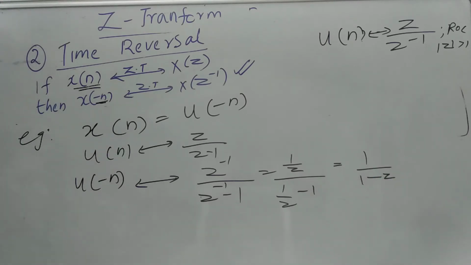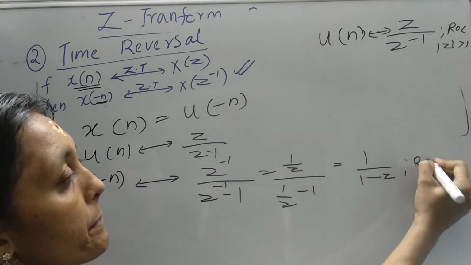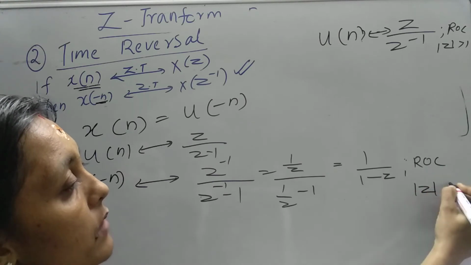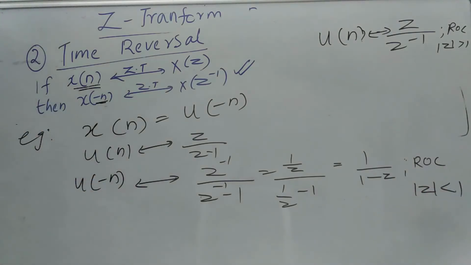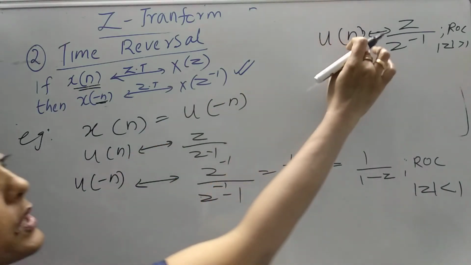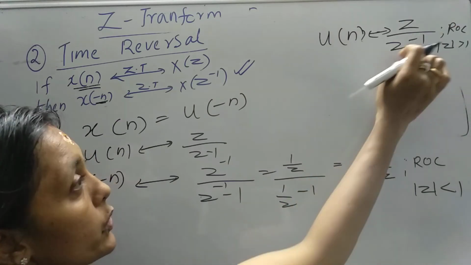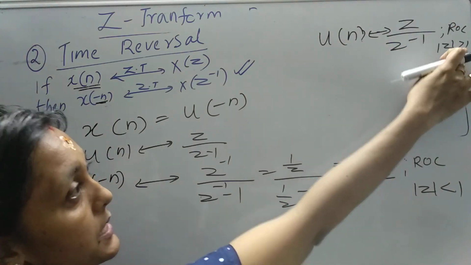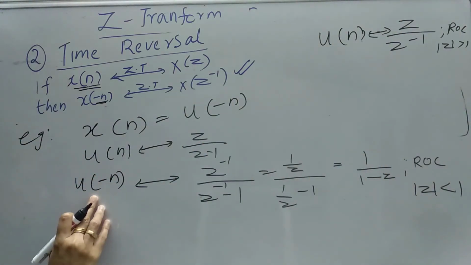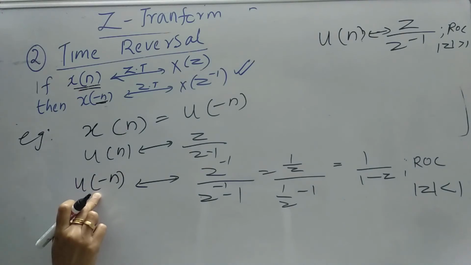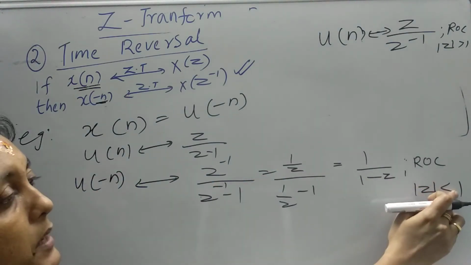Now what is the ROC here? Here the ROC is less than 1. Why? Because this is a purely left-sided signal. Earlier it was a purely right-sided signal, so the ROC was greater than 1. When the minus n comes, it is a left-sided signal, so the ROC should be less than 1.